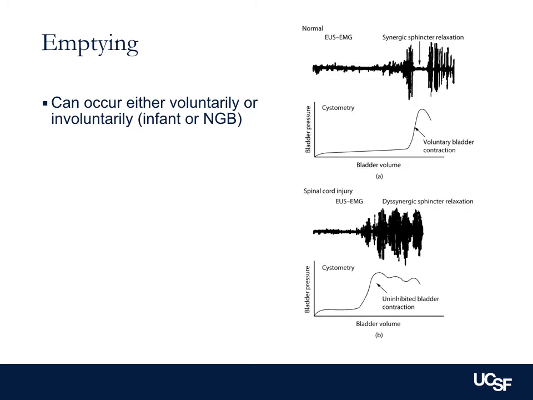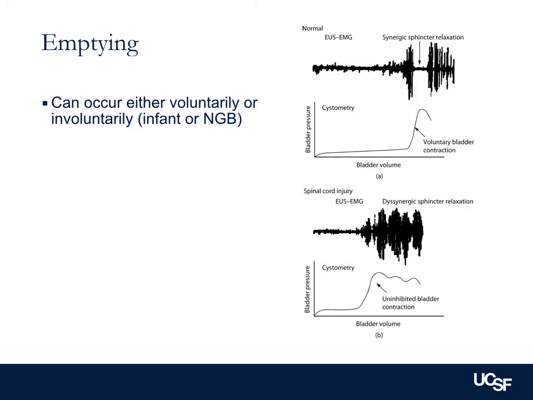The bladder fills under low pressure, and then you have a voluntary contraction. Before you have that voluntary contraction, however, you first have relaxation of the pelvic floor and external urethral sphincter, which is shown in the upper EMG tracing. So that allows for the bladder to contract. That happens right before the bladder contraction.